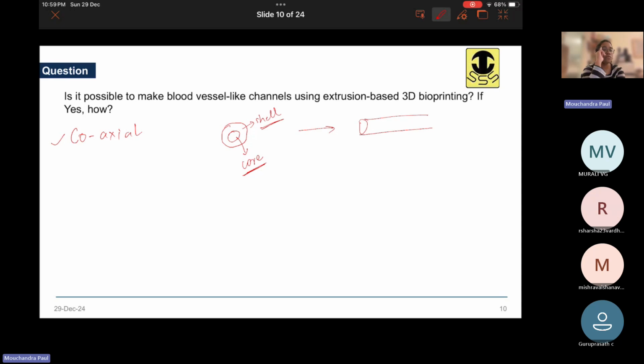Take reference from all the types of biomaterials. You can explain with an example. We have discussed so many biomaterials that are used for making bioinks. Give an example from that list: which two combination of biomaterials can be used to create a hollow channel using coaxial bioprinting?